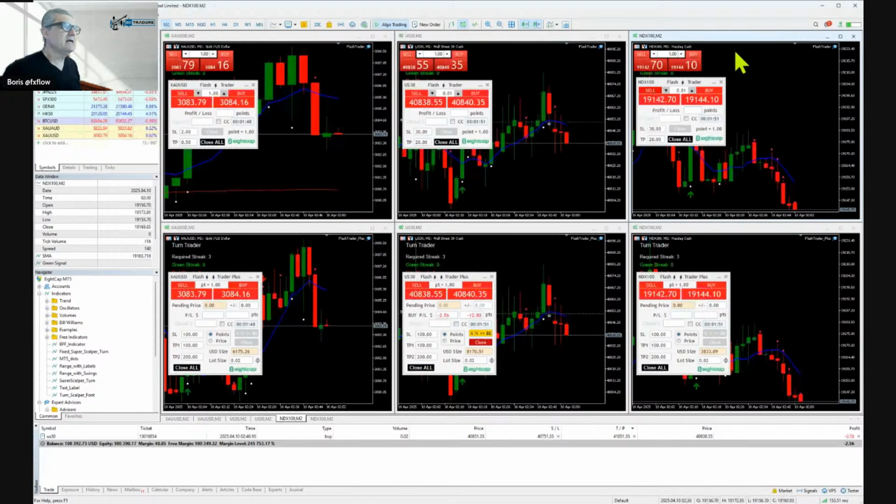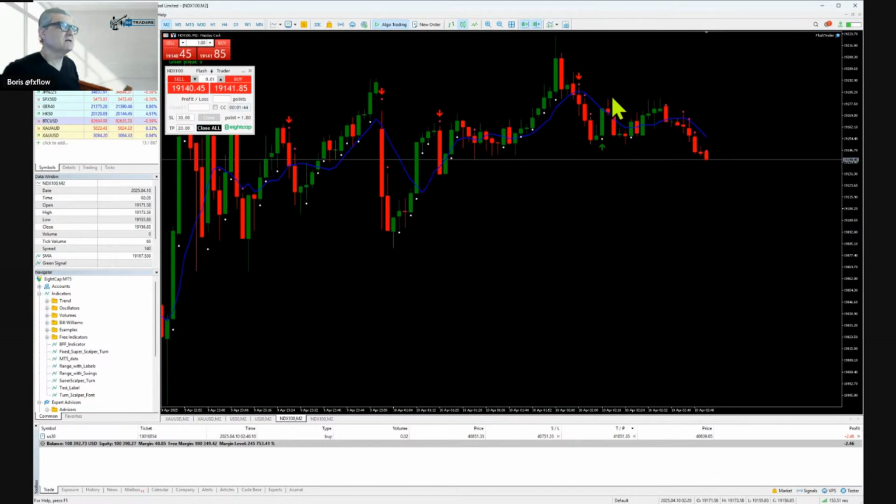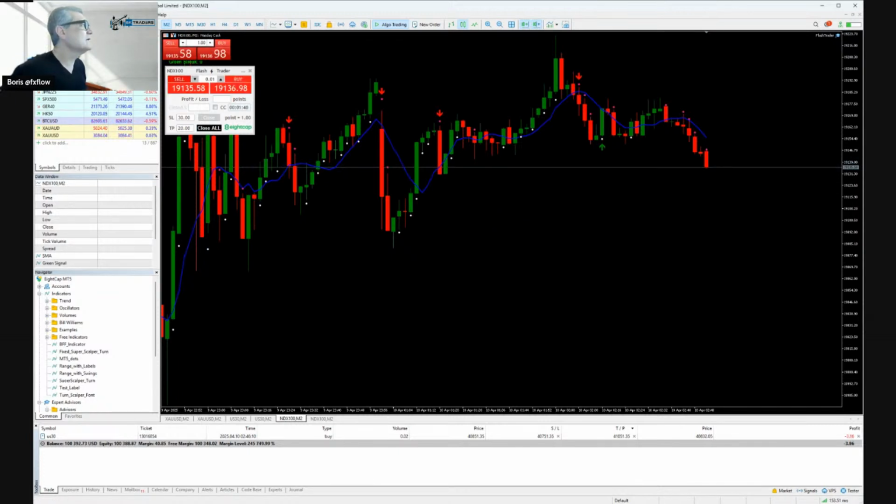Do the same thing on NASDAQ here, which I think is actually turning into a negative trend. NASDAQ's kind of giving up its trend. Let me see why this is not working. Indicators, trend, moving average, 200, white, okay.